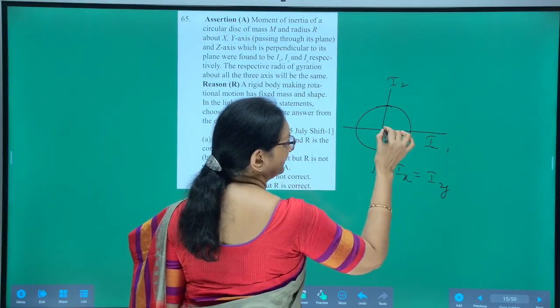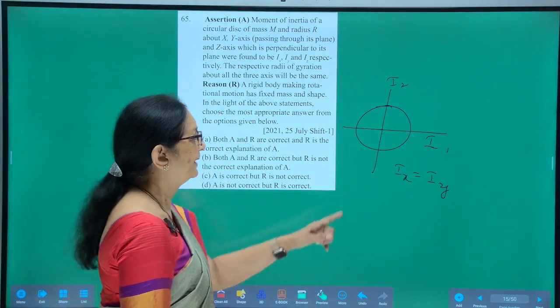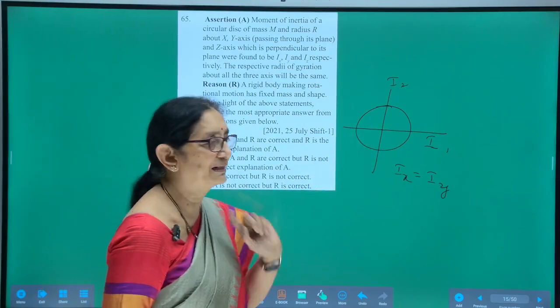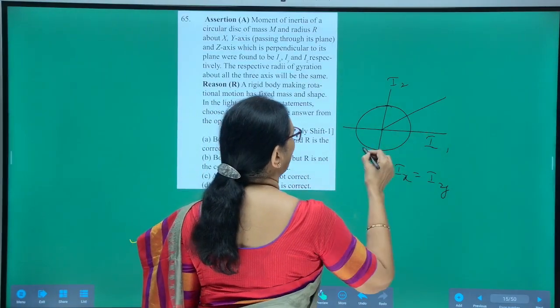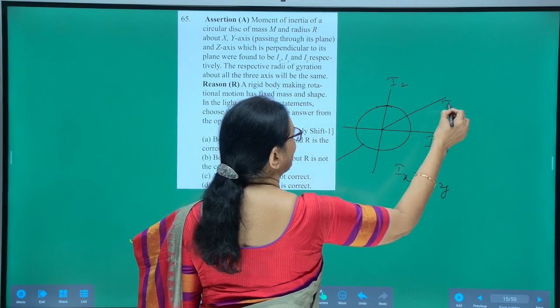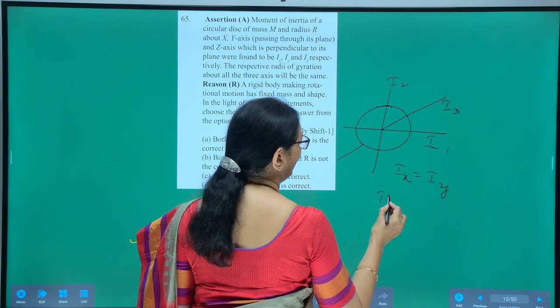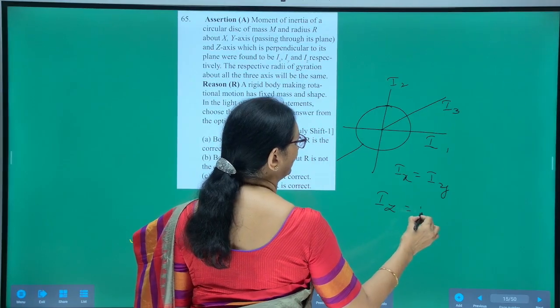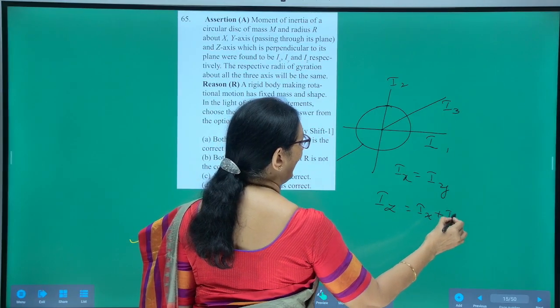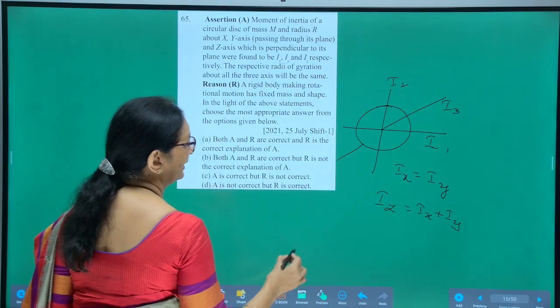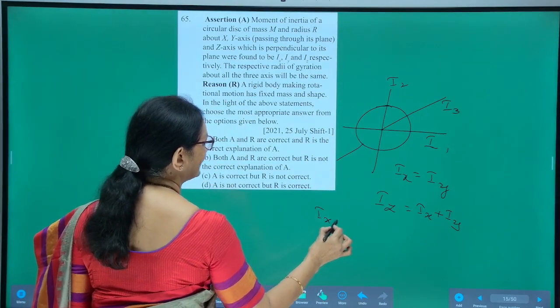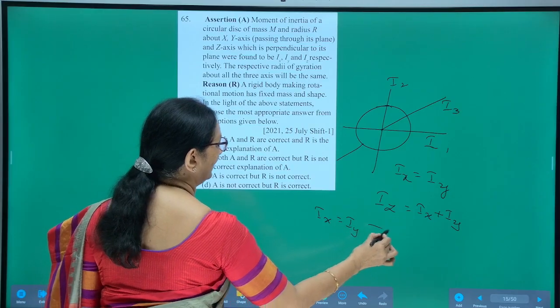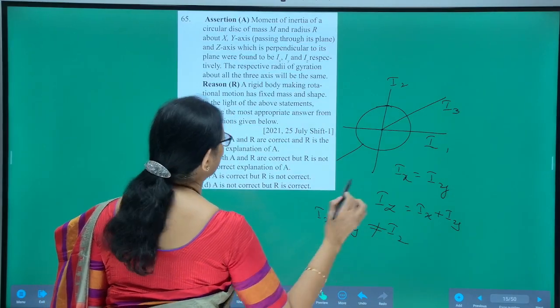Moment of inertia of this disc about an axis passing through the center perpendicular to the plane. It's given as, say, z axis. So, that I3 or Iz is equal to Ix plus Iy. So, very obviously, Ix and Iy are equal but not equal to Iz.